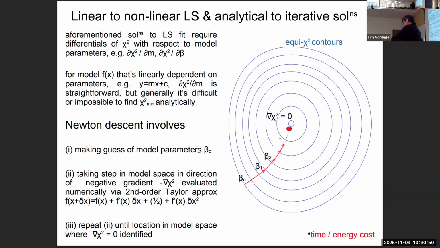In the Newton method, it's effectively the second order Taylor approximation. And so the second order Taylor approximation uses the differential of the function, the chi-squared, and it would use the second order differential of the function, the chi-squared here.